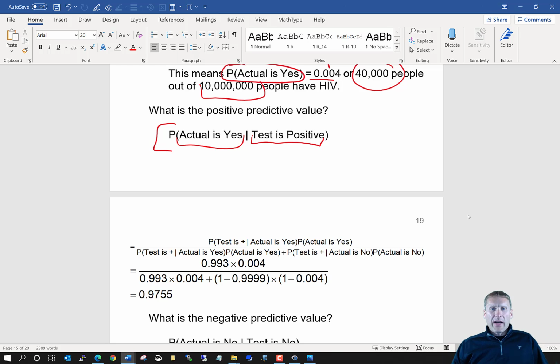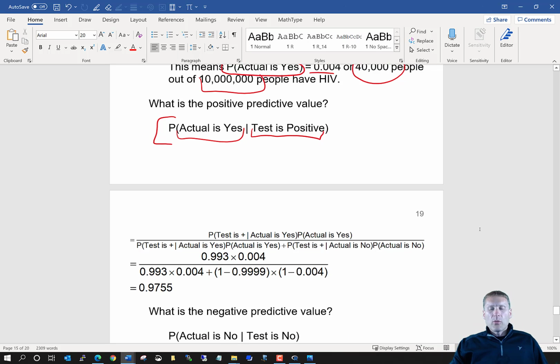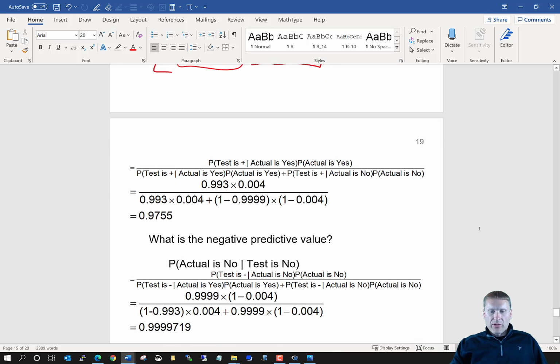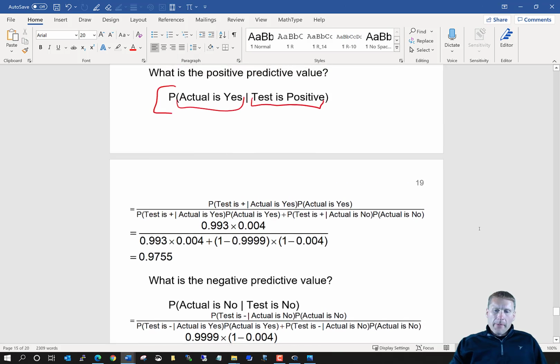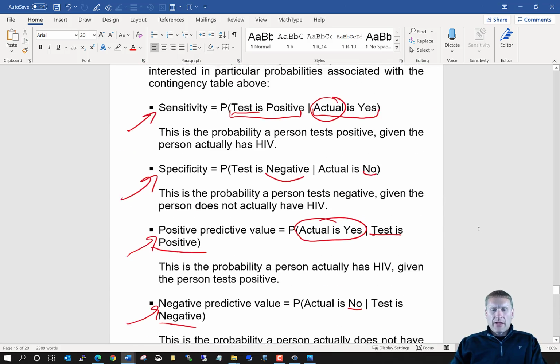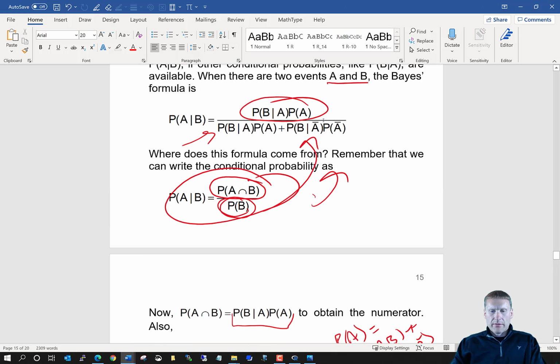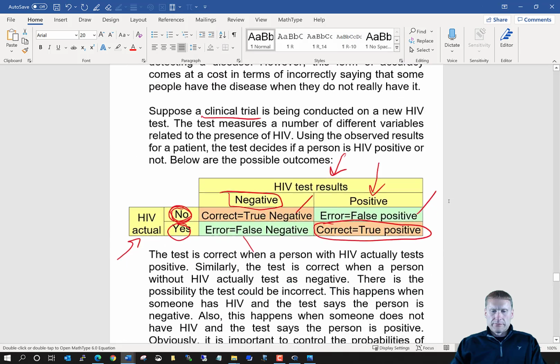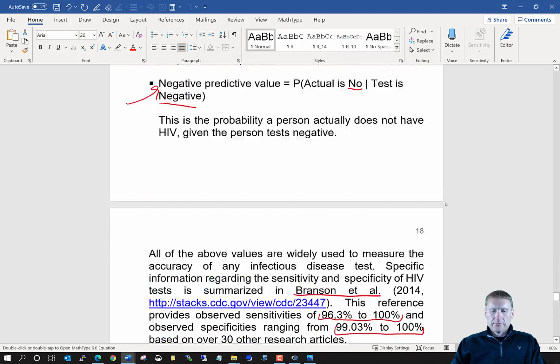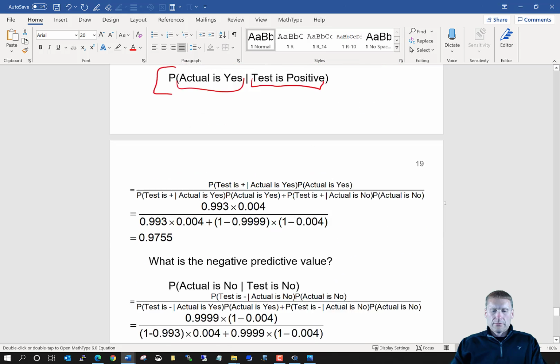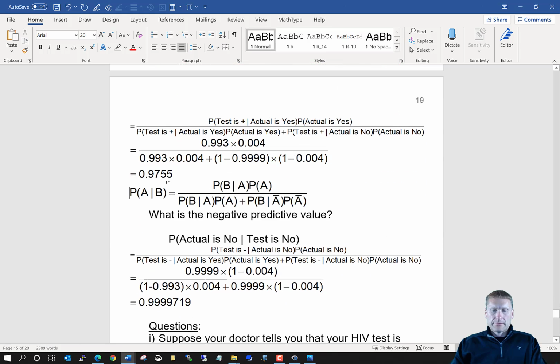So how would we find that in this kind of situation? Well, this is where Bayes' rule comes into play. So let me actually copy and paste that from before. Okay, so there's what Bayes' rule was.